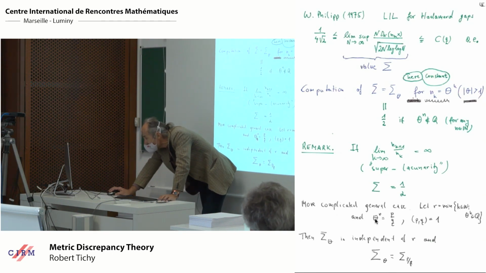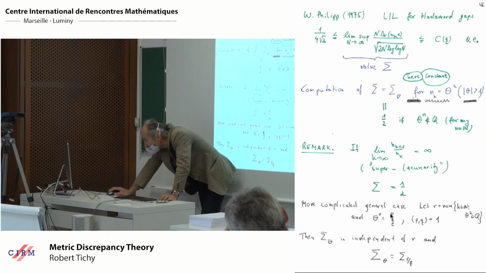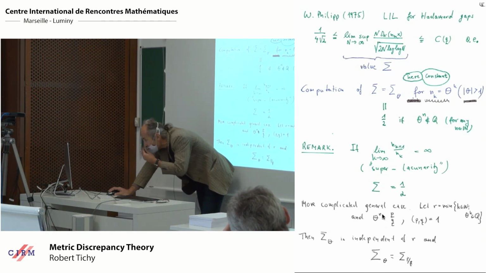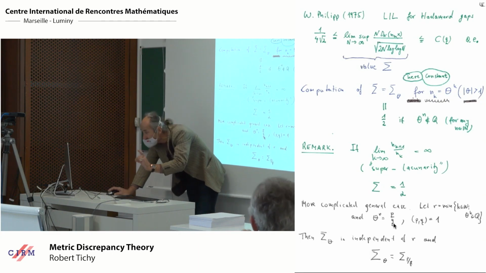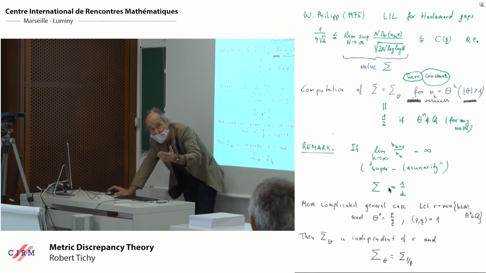The complicated case is if theta to the r is rational for some r. It turns out the value of r is not important, but what is important is that the power of theta is rational. If theta, for instance, is transcendental, then this cannot happen, and then the behavior is like in the case of super lacunarity. 1/2, yes?